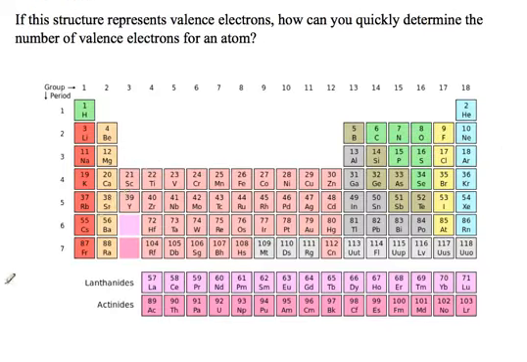So let's get started. First and foremost, you should remember how to quickly determine the number of valence electrons. Group number, the IUPAC way, is not really much of a help, but if we go back to a different way of numbering things, that may make a bit more sense to you.